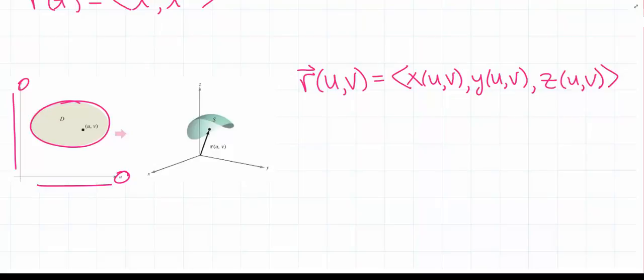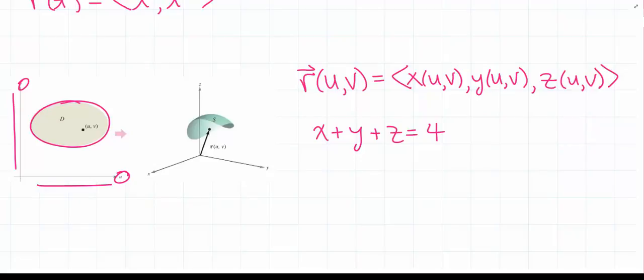Now, just to show you how this might work, let's suppose that we have a surface like this: x plus y plus z equals 4, let's say. And I want to parametricize that. Okay, so this is a surface, this is a plane.